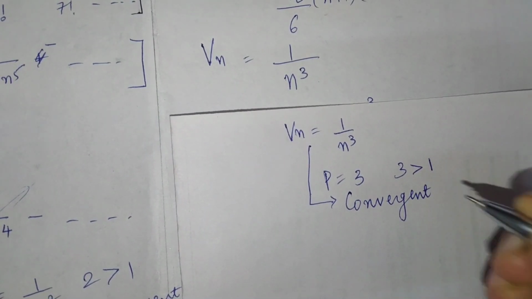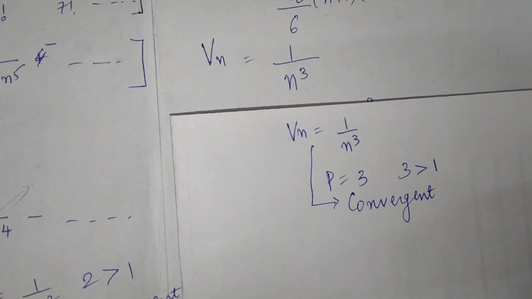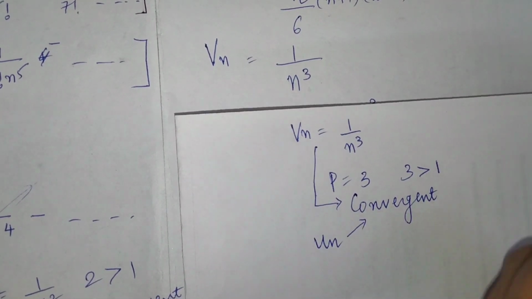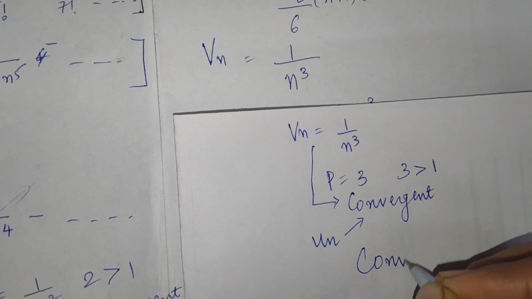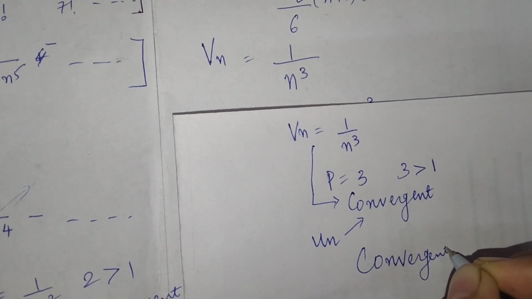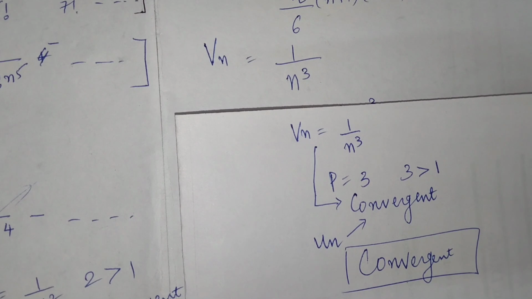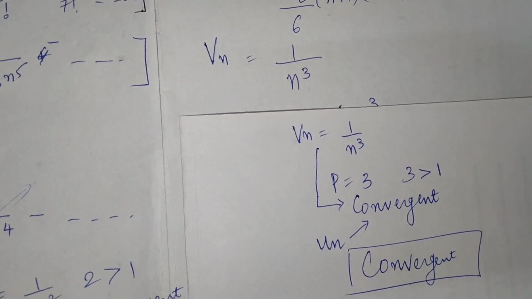Okay, and as vn is convergent, according to comparison test, un is also convergent. So answer of this question will be convergent. Okay? So in this way, you have to solve the examples of comparison test.